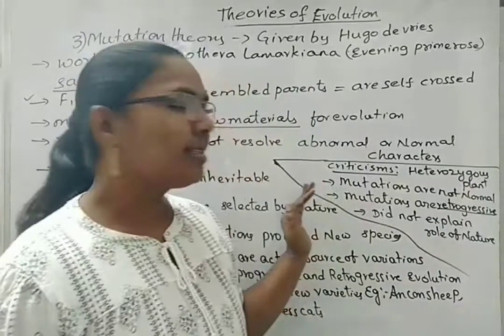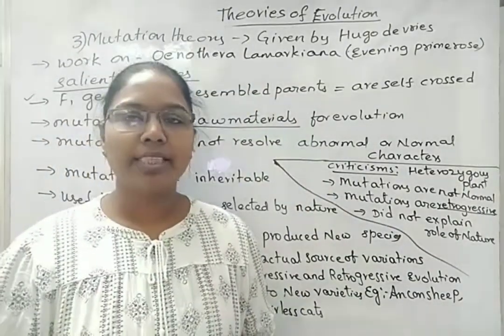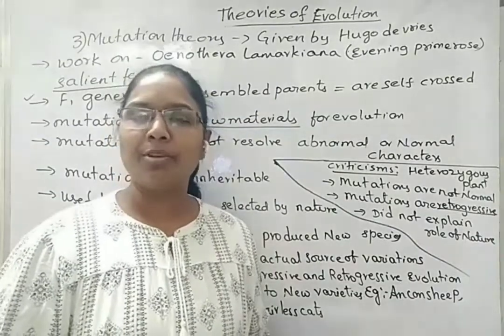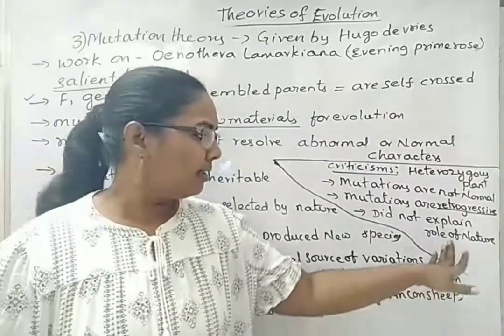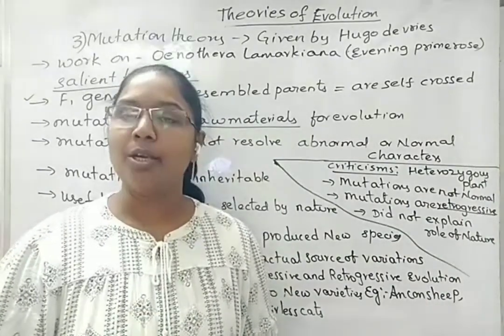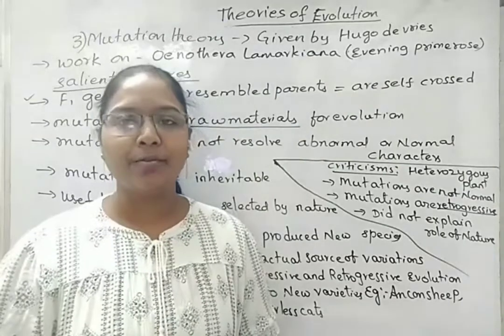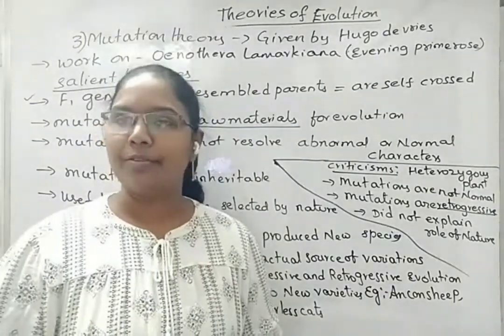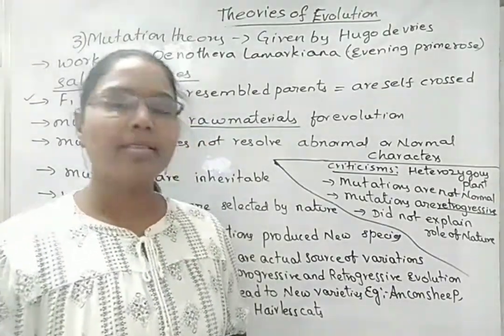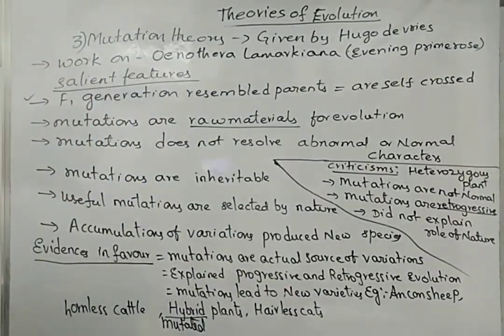So these are considered some of the criticisms. But Hugo de Vries is the person who gave the best idea of genetic involvement in the course of evolution. So this is about the mutation theory of evolution given by Hugo de Vries.